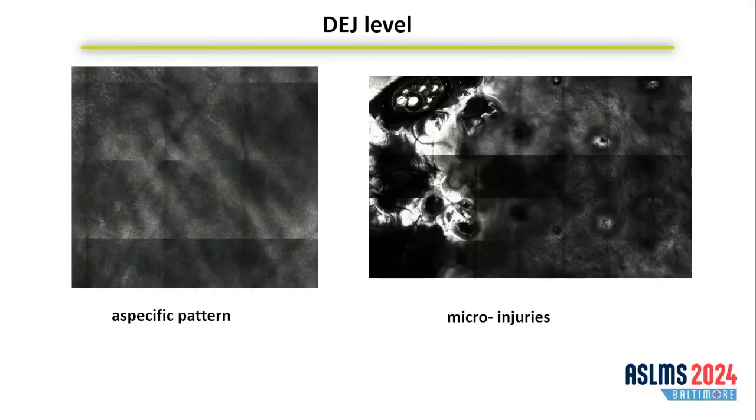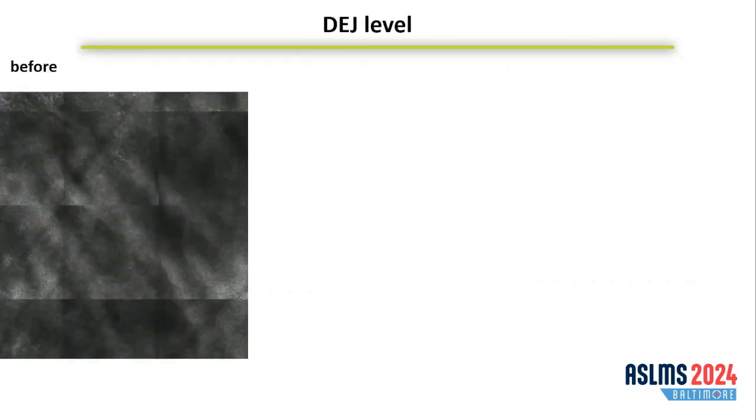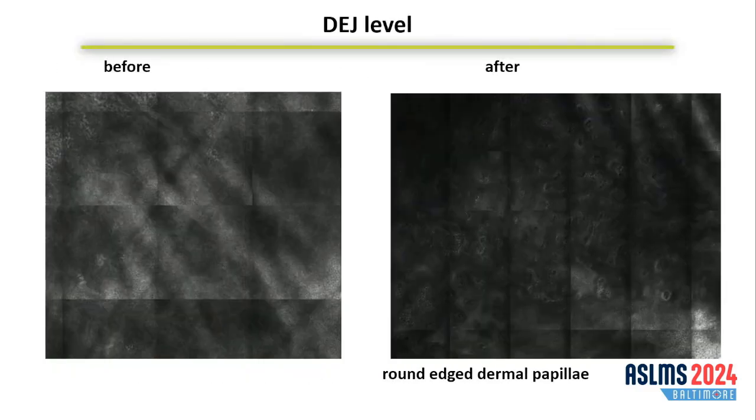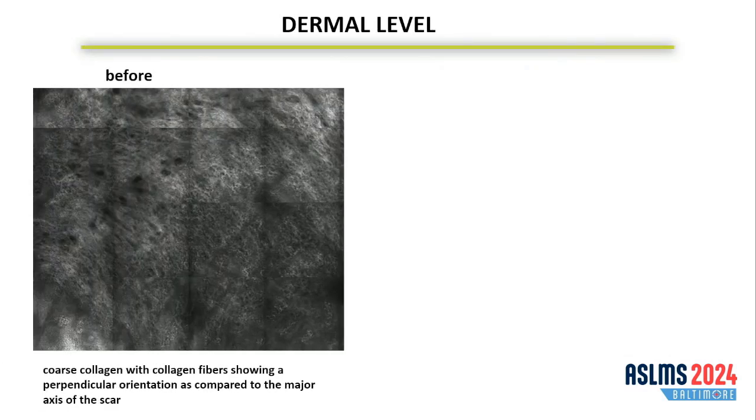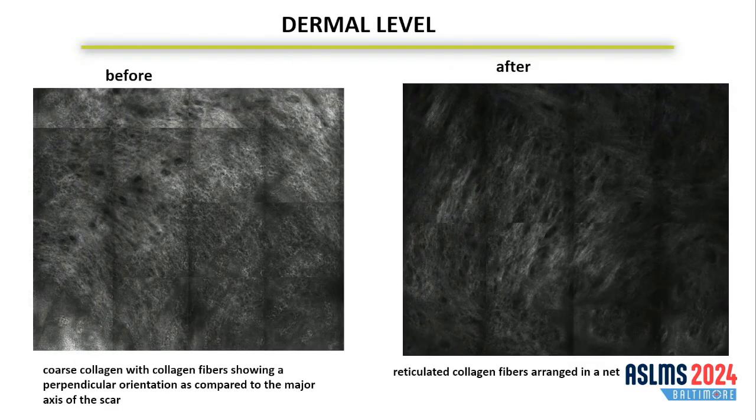You see the injury after the laser, and then before, and then after, you're starting to see better recalibration of the dermis and the environment there. So you see these better round-edged dermal papillae. And before, you could see this coarse collagen with sort of disarray of the collagen fibers.